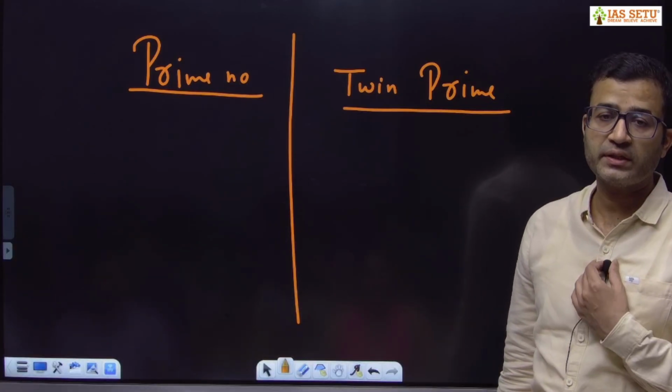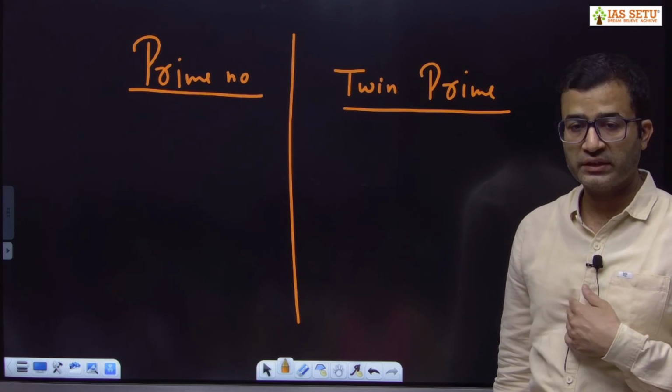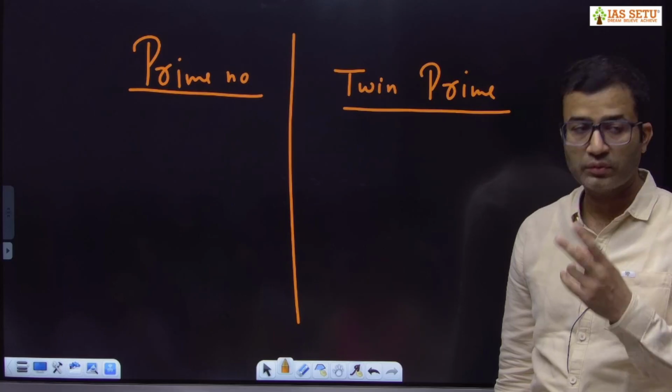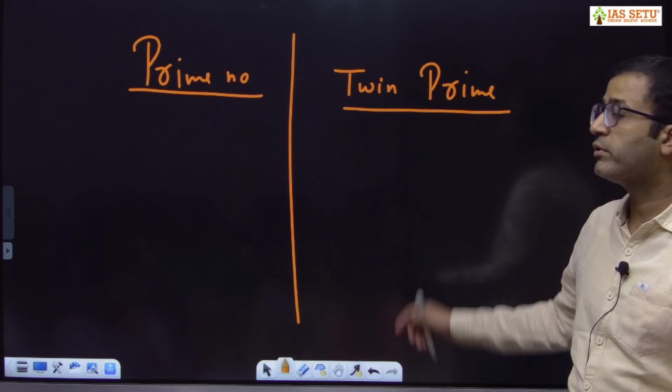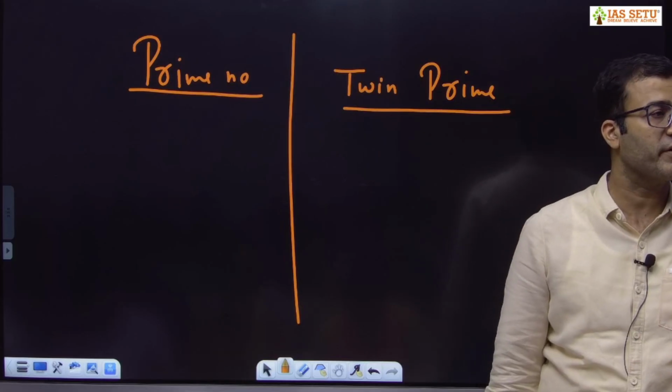What about 2 and 3? Are these also twin primes? Twin primes are two consecutive prime numbers with a difference of exactly 2.